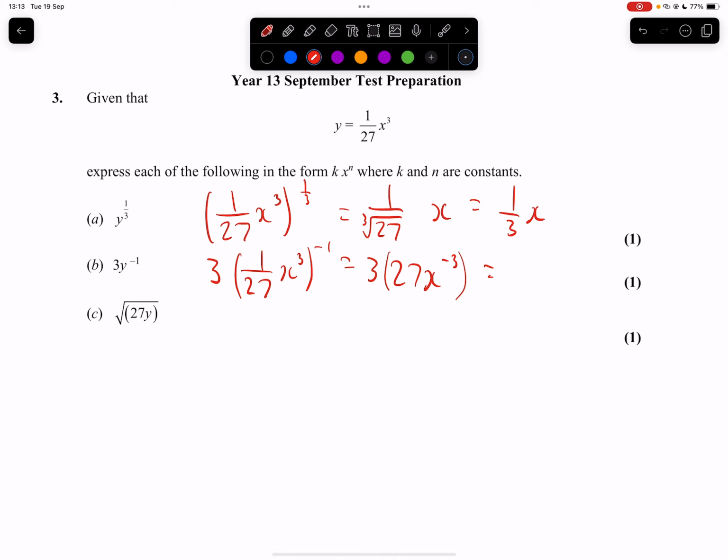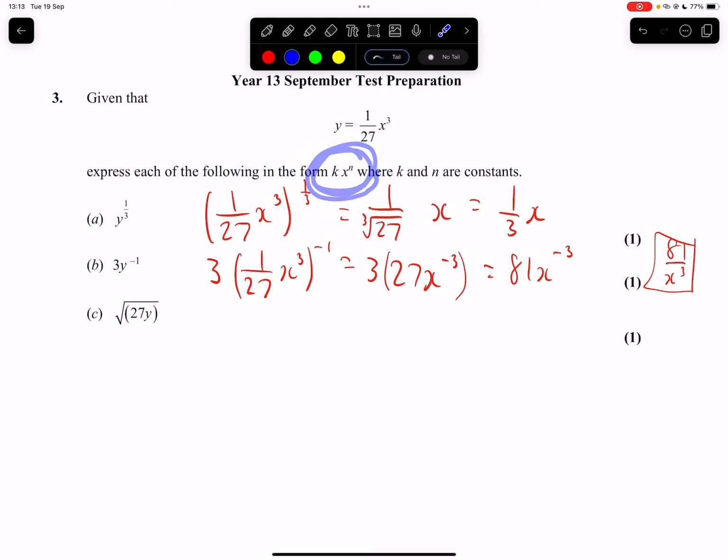So 3 lots of 27x to the minus 3 is 81x to the minus 3. Now, normally, you could have left this as that, or 81/x cubed, but it says in this that we need it to be in kx to the n. So we want it as x to the minus 3, not over x cubed.